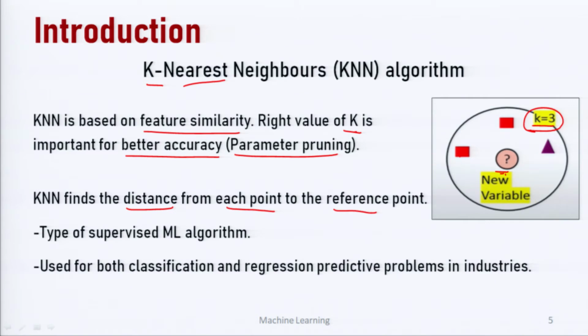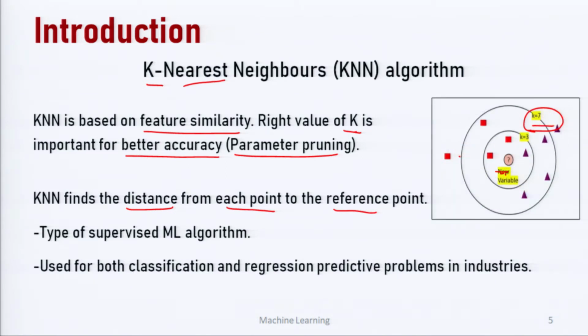Now, suppose we take another example, the bigger circle, where k is equal to 7 and there are 7 entities, and we see that the k value has changed the solution itself. So, here there are a total of 7 entities and one new entity.